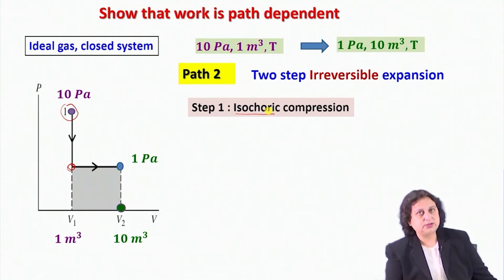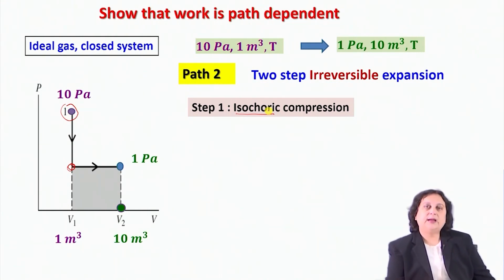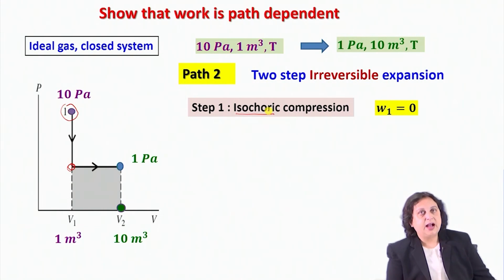Now, when I do this isochoric compression, you understand that there is no change in volume. And since the work done that I'm talking about always depends on the change in volume, in this case the work done W1 is equal to 0.